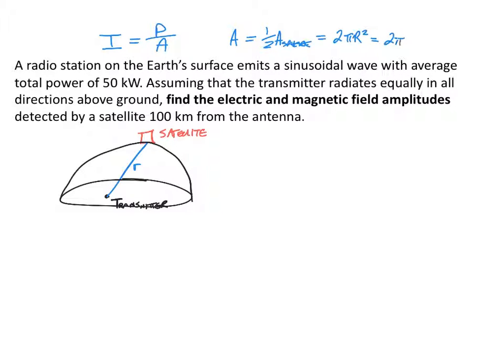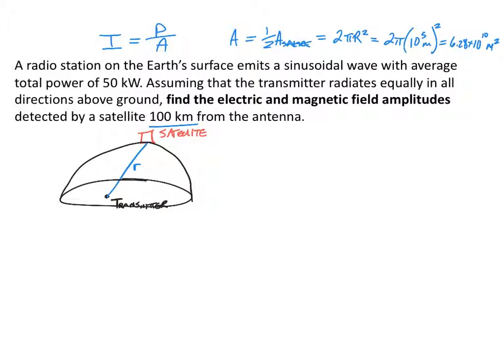If we're dealing with something that's 100 kilometers from the antenna, then that's 10 to the 5th meters, getting squared. This is going to be 6.28 times 10 to the 10th meters squared. That's the surface area over which that power is spread.